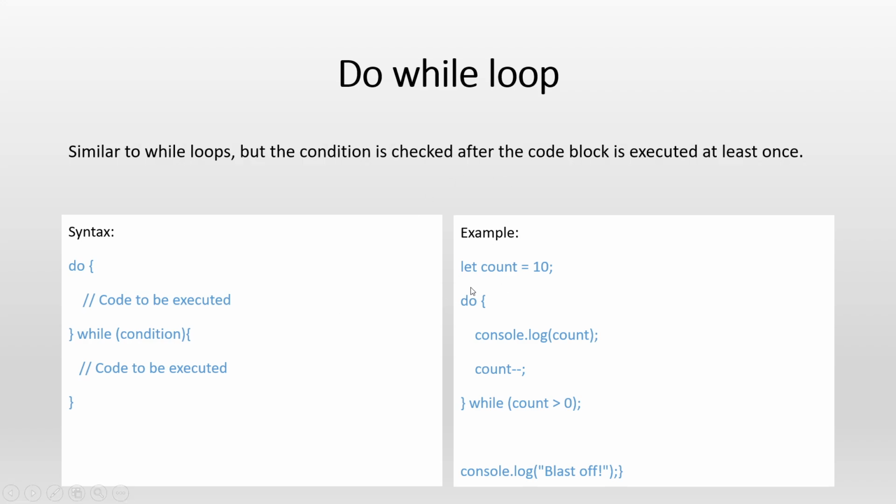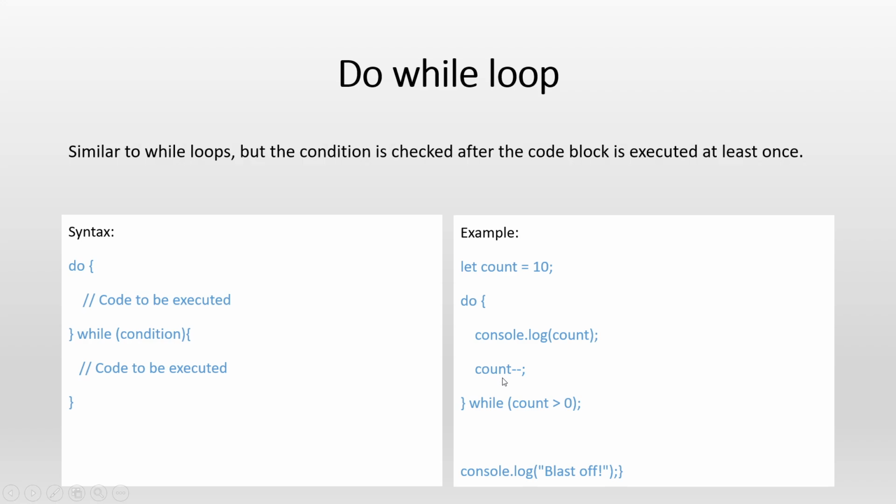Let us initialize a variable count equal to 10. Next, in the do block, we are going to write console.log(count). So we will be printing this count, right?